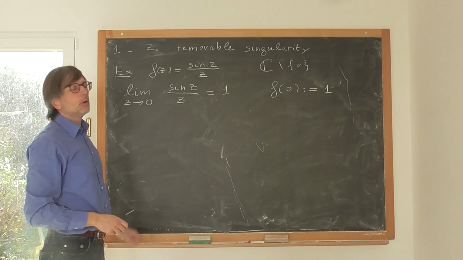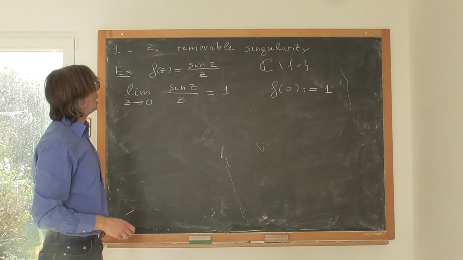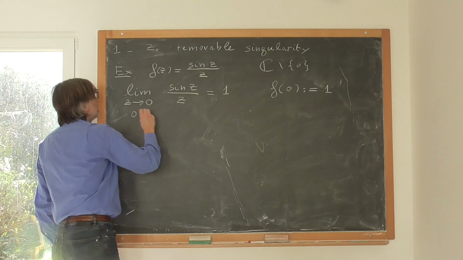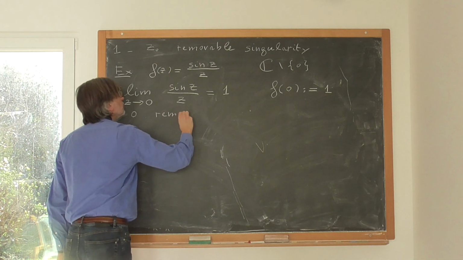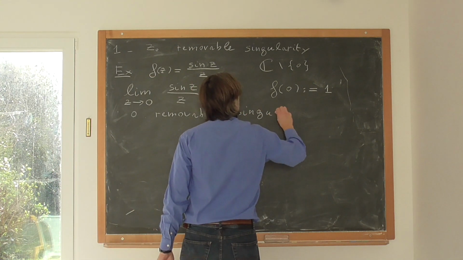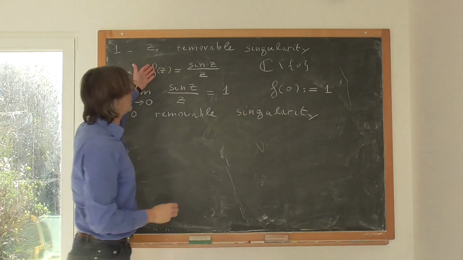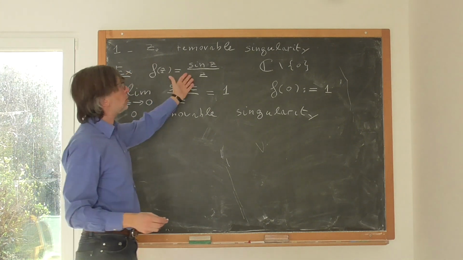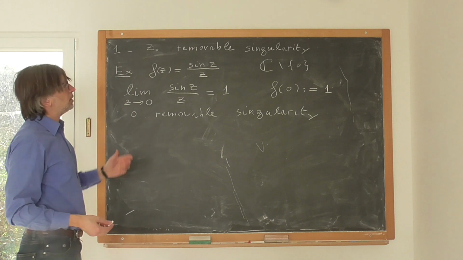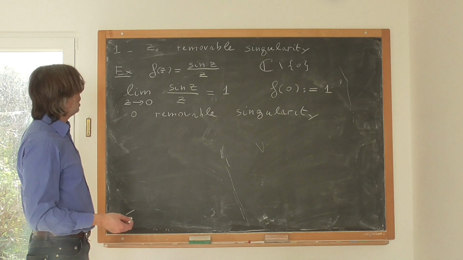And by the theorem we proved before, this extension will actually be a holomorphic function. So 0 is a removable singularity. So this function can be extended to a function which is holomorphic on the whole C. And of course, in this particular case, we don't need to use the theorem we just proved.